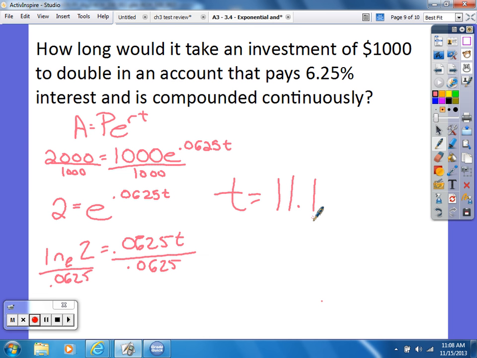So no, I can't just multiply that out. Good try, though. Okay. Any questions? Yep, I'll leave that up there for a second. Does that all make sense? Okay. So your homework was given to you yesterday. Go and work on it.